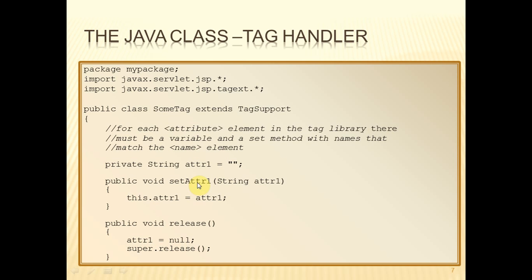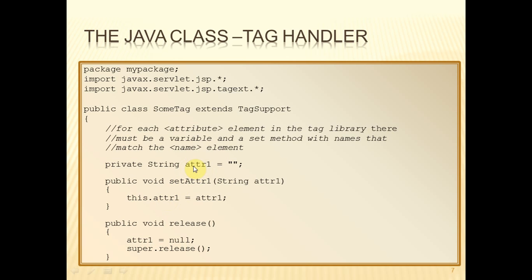So in the TLD file, if the attribute name is attra1, then we must have a method called setAttra1, because the system will look for that method and will pass the value that's defined in the tag, or defined at runtime perhaps, as the parameter, which is then stored in the variable with the matching name.